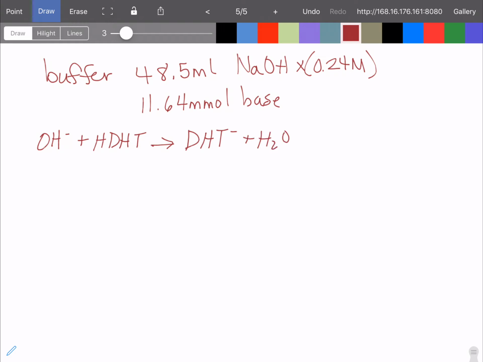So we originally started with 15.12 millimoles here, and we added 11.64, and so initially we had 0. So we're going to lose all of our base because we're going to convert it all to the weak.